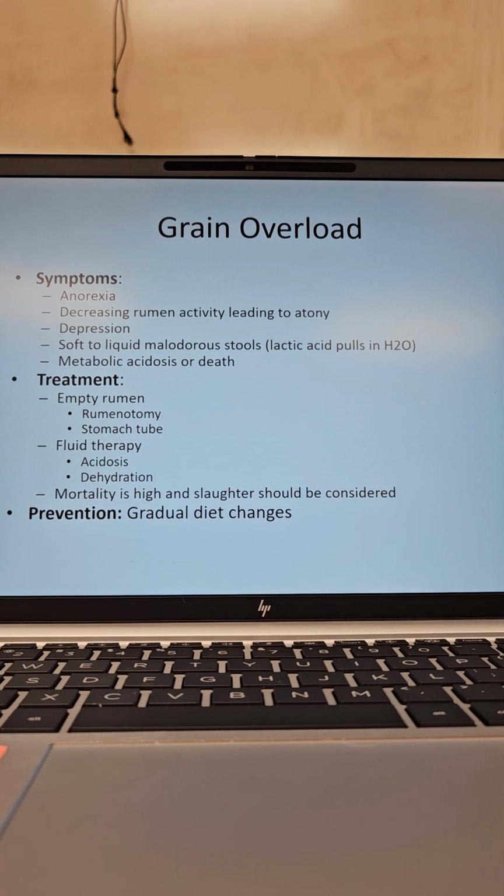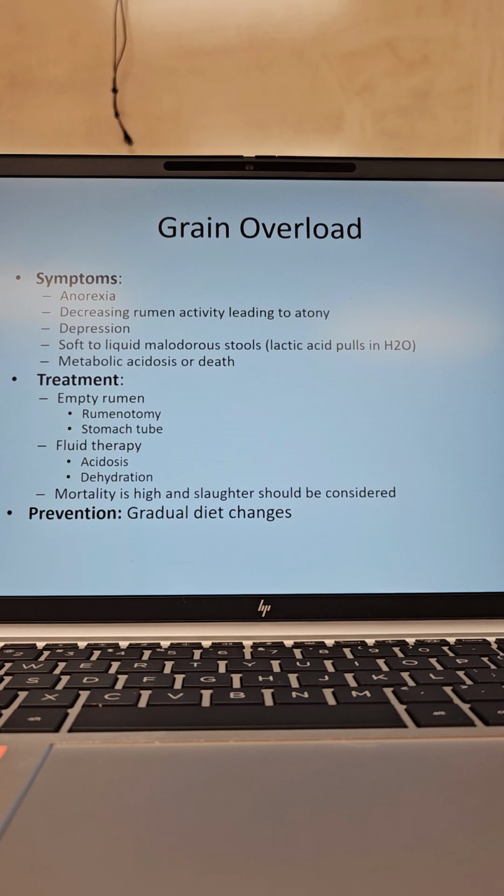So they start absorbing more water into their gut and into the fecal matter instead of retaining it like they're supposed to. Metabolic acidosis or death will also be a symptom.